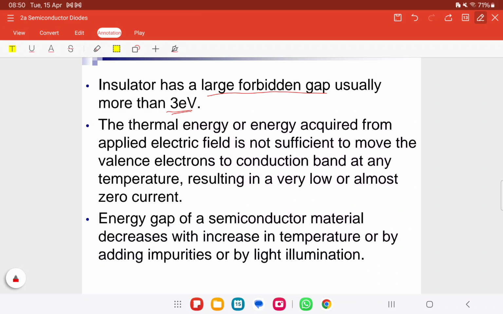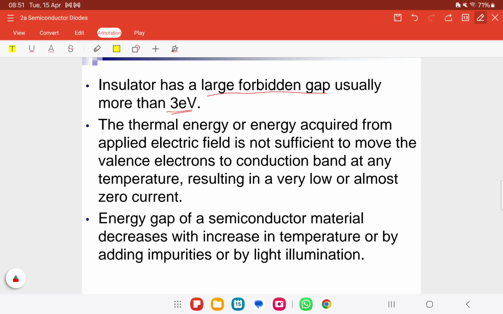Temperature goes up, the electrons can jump also. But we cannot simply raise the temperature, or our components will get burnt. It is only at a certain value of temperature that the electrons can be excited and jump to the conduction band.